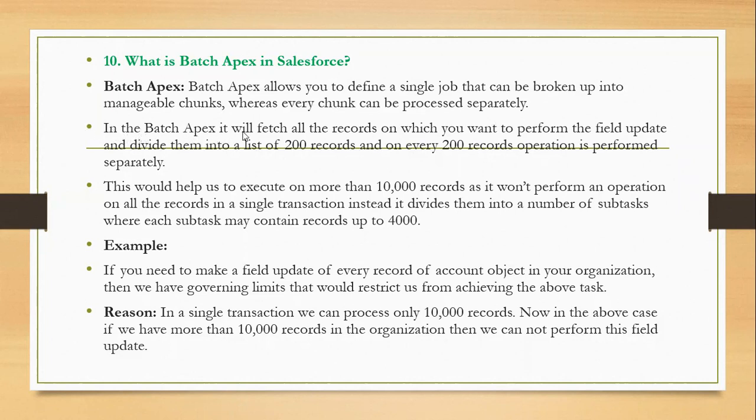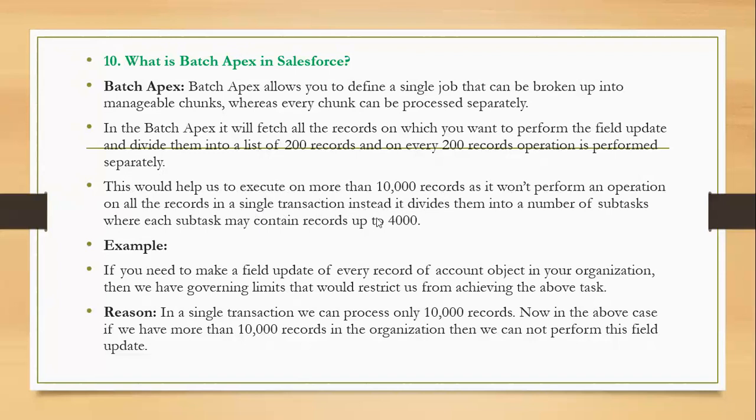In batch Apex, all the records on which you want to perform the field update are batched and divided into lists of 200 records, and every 200-record operation is performed separately. This helps us execute on more than 10,000 records, as we cannot perform operations on all the records in a single transaction.